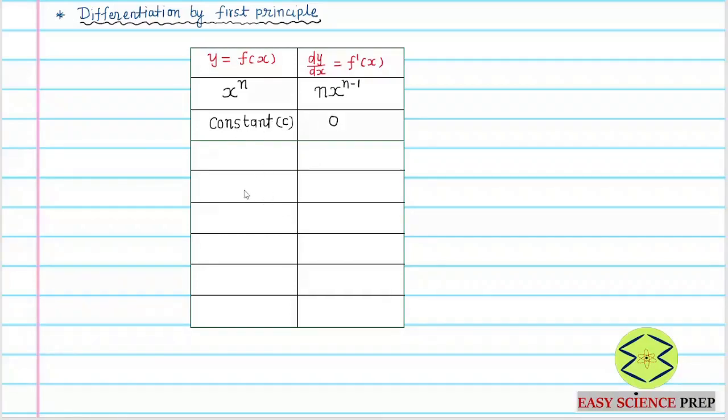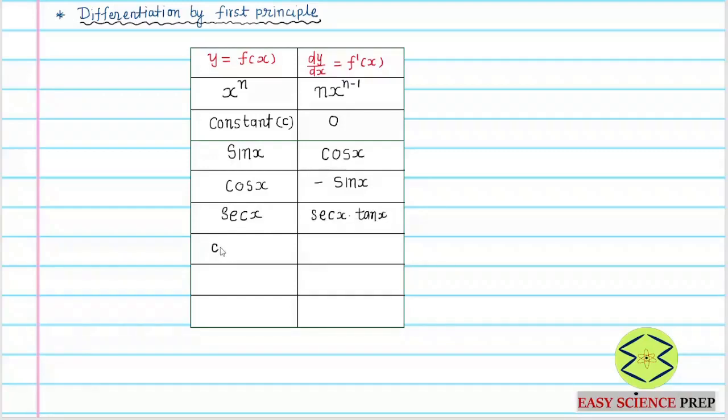We have also discussed differentiation of trigonometric functions. If the function is sine of x, the derivative of sine of x is going to be cos of x. We also discussed the derivative of cosine of x as minus sine of x. If you take secant of x, its derivative is secant of x times tangent of x.